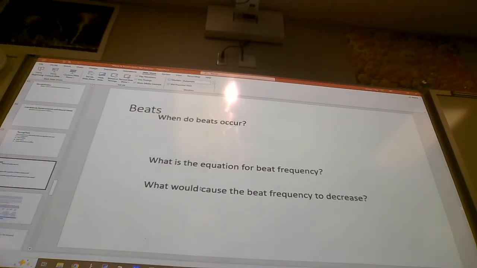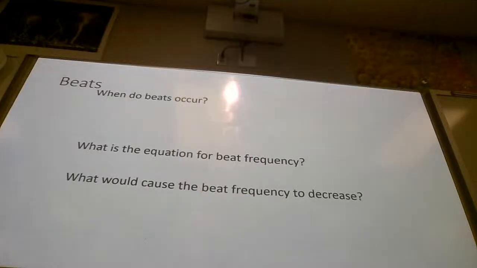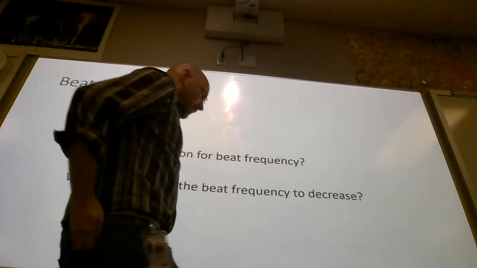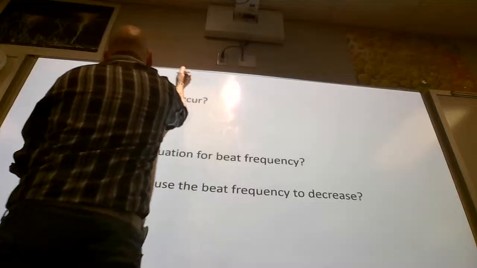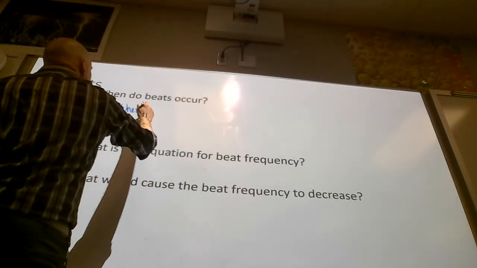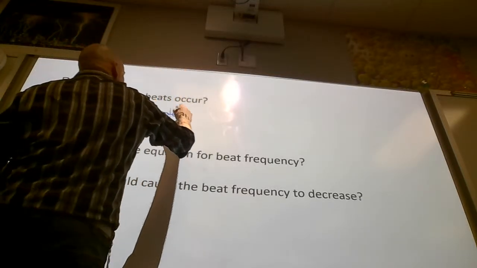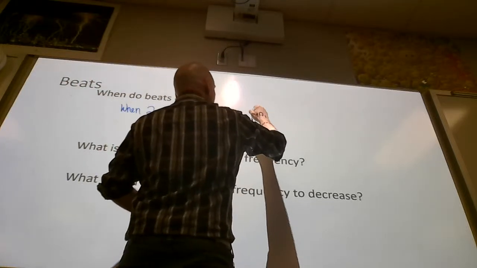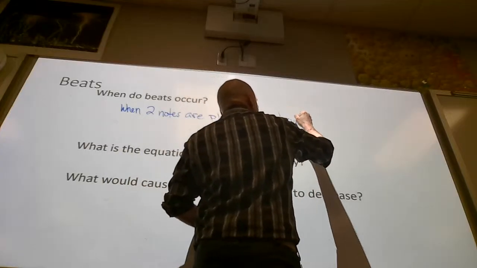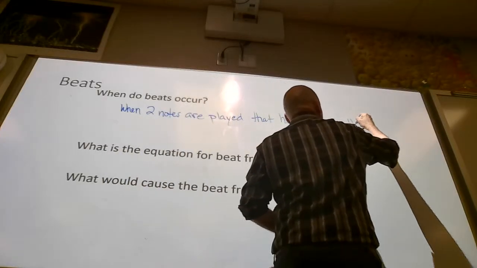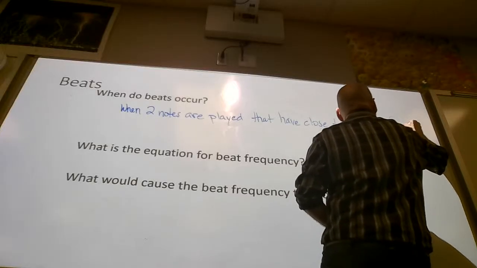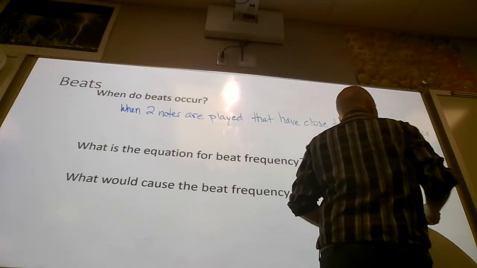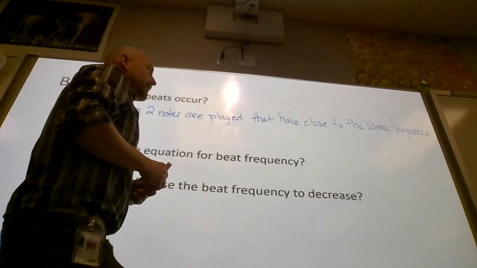All right. Beats. Beats occur when two notes are played that have close to the same frequency.